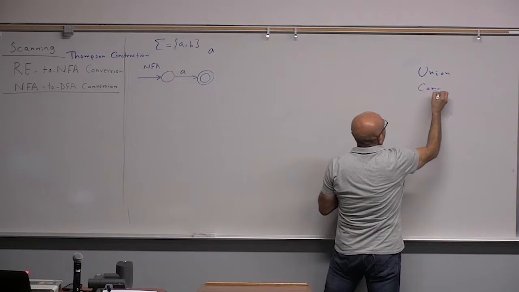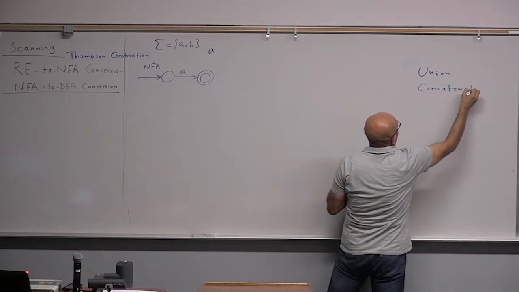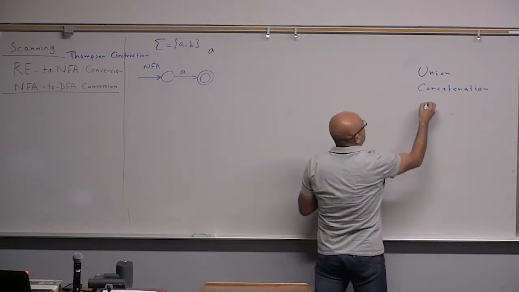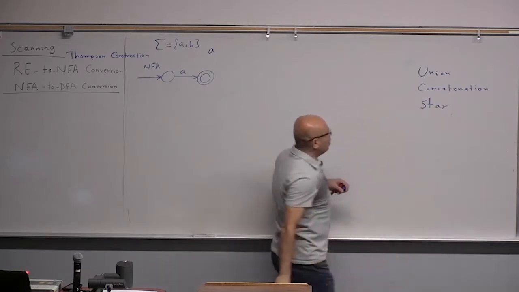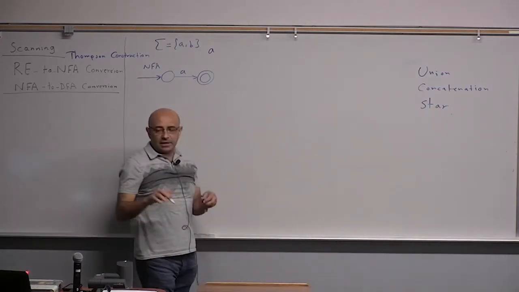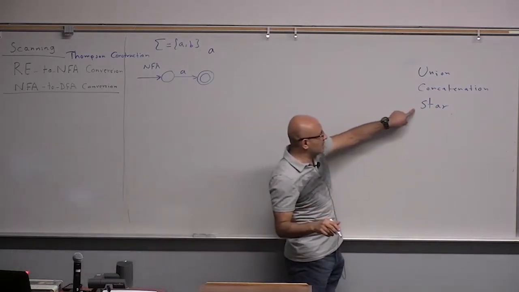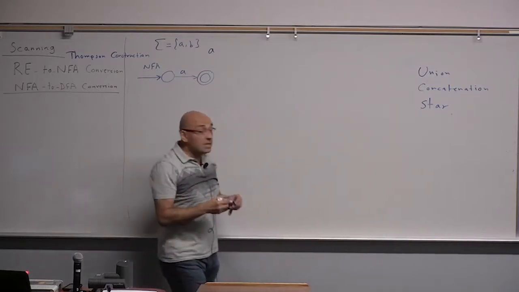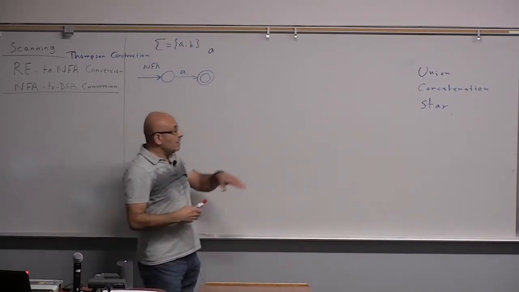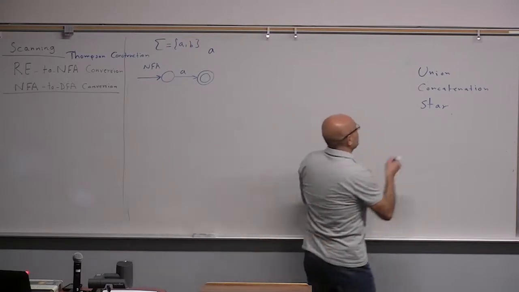Union, concatenation, and star, or the Kleene closure. It's called Kleene closure, but let's call it star, which is repeating. So these are the 3 operations, which we call regular operations, by the way.